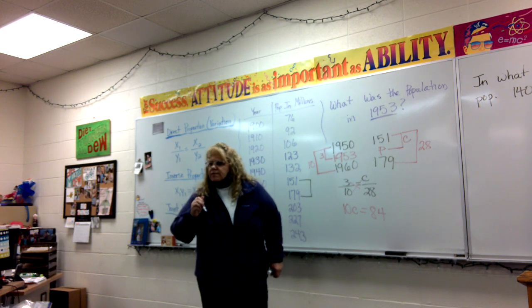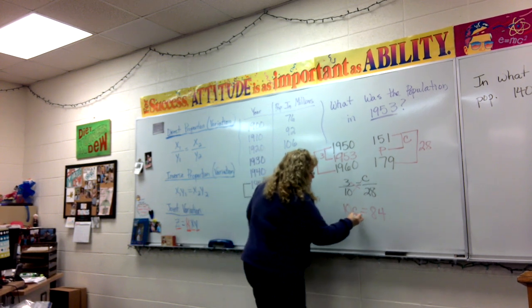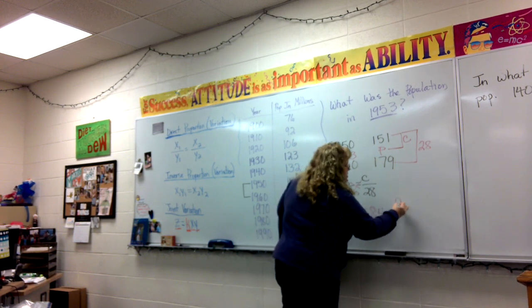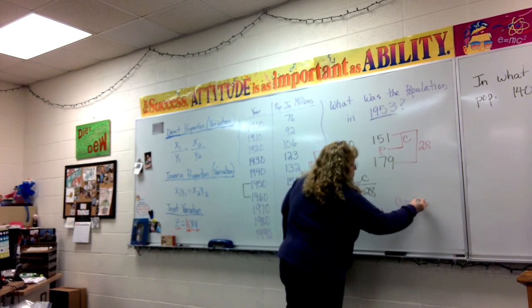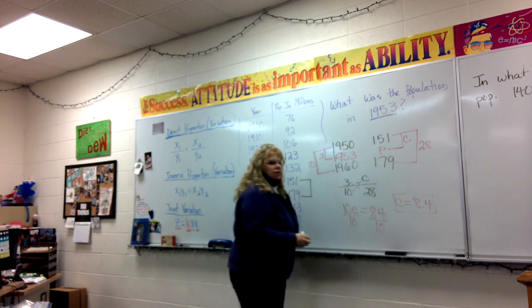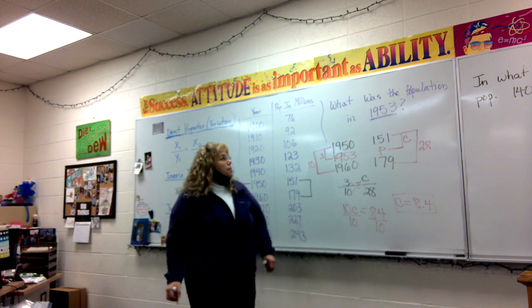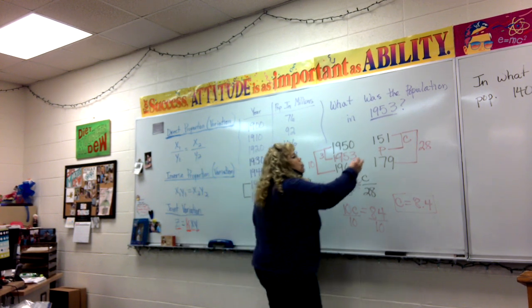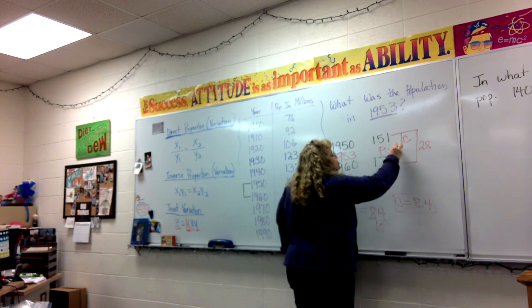Does that seem reasonable? Divide by 10, divide by 10, and I get C equals 8.4. Is that my answer? Remember, we want to know what was the population in 1953. What we just found was the change here.